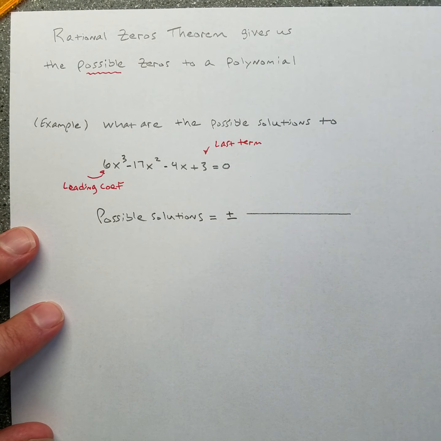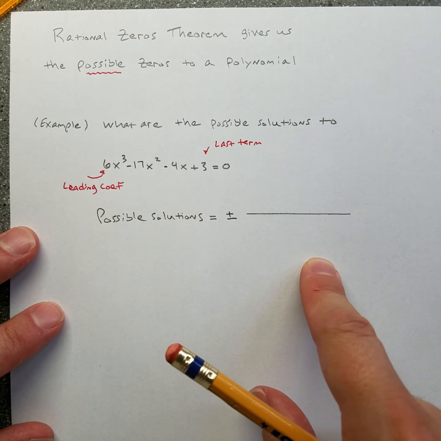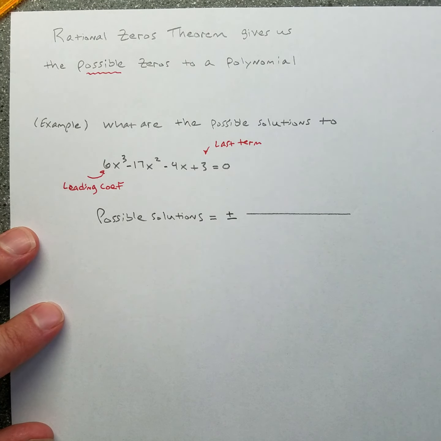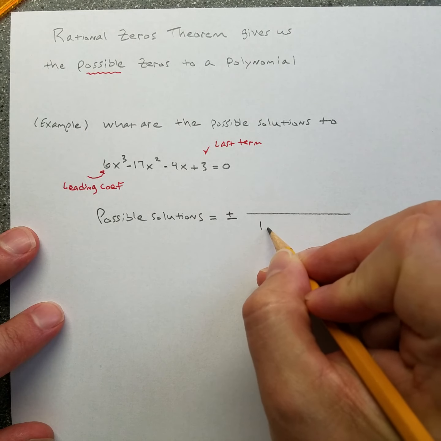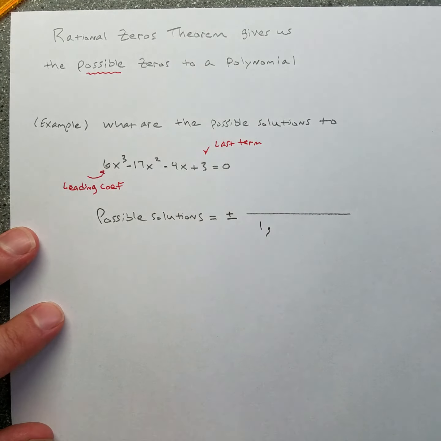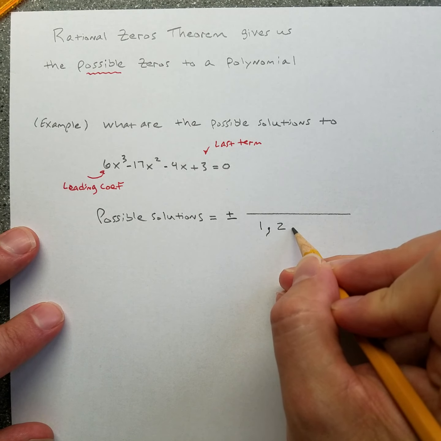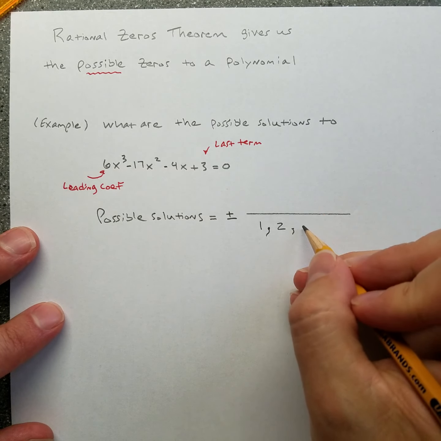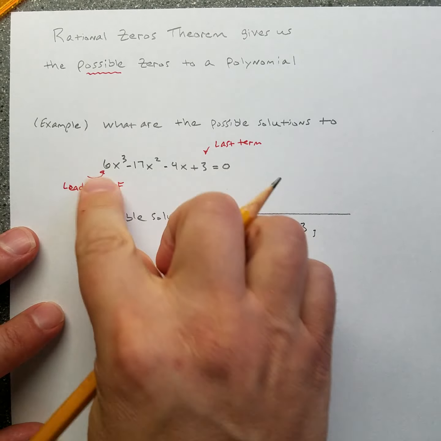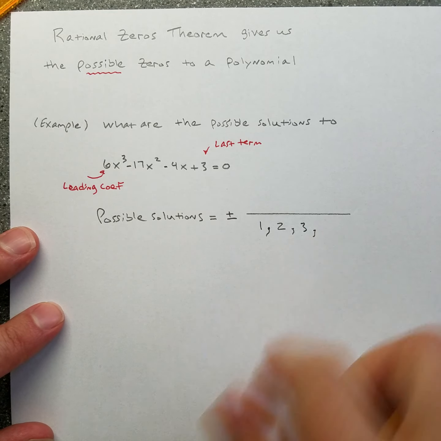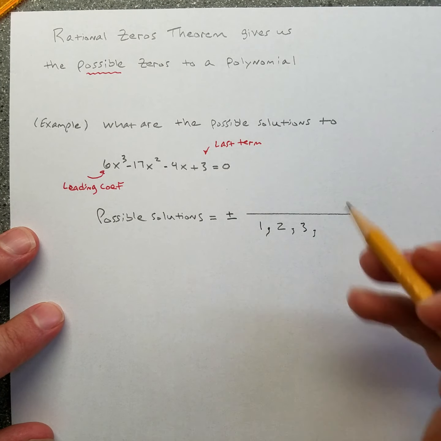Here's how it works. The possible solutions of this are constructed as follows. Everything down here has to divide 6. Divide evenly. 1 goes into 6. 2 goes into 6. 3 goes into 6. 4 does not. 5 does not.